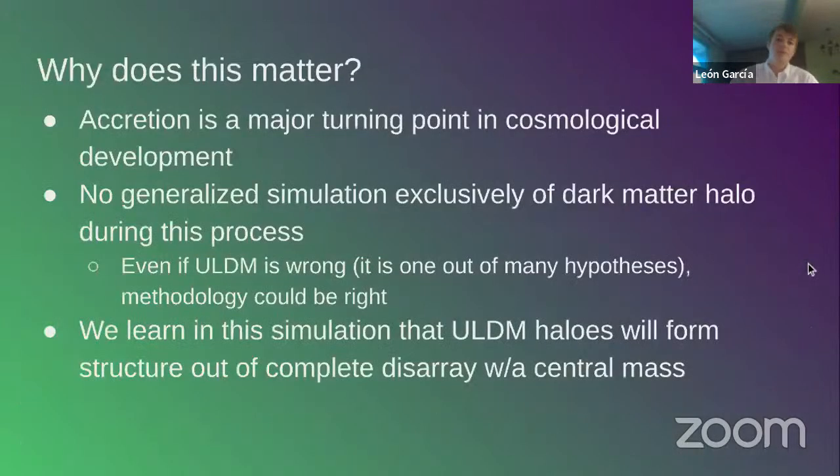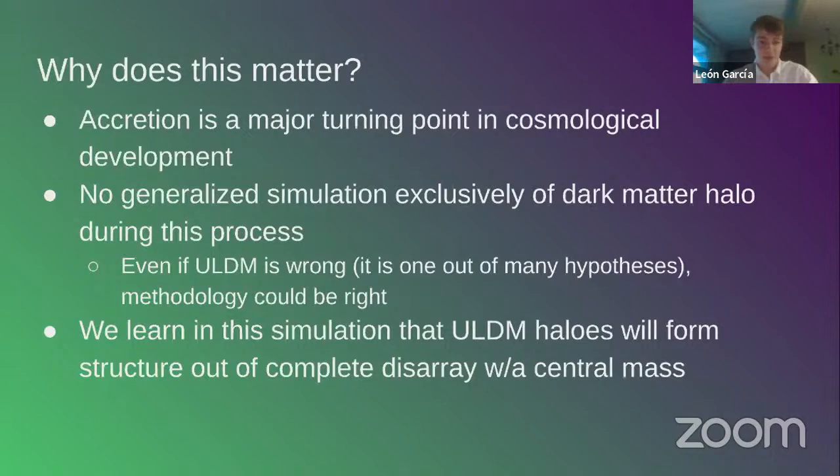this particular simulation is important because accretion is a major turning point in cosmological development, and there hadn't been a generalized simulation, meaning I ran a bunch of these random simulations, and it was able to form structure. And so even if this theory was completely wrong, this methodology could be implemented by dark matter models in the future that are not ultralight dark matter.